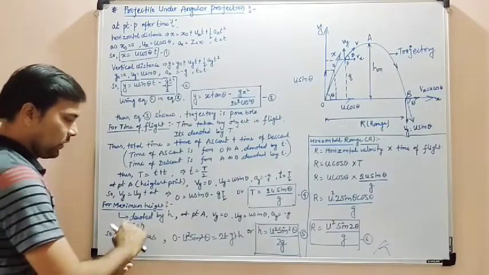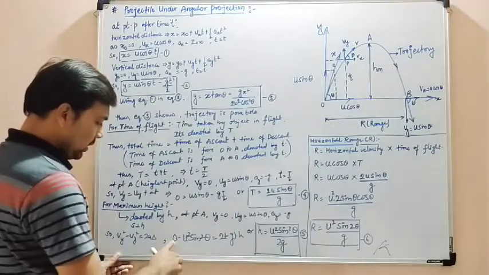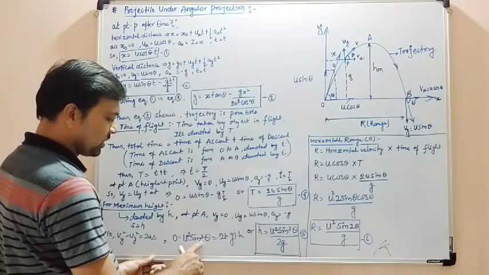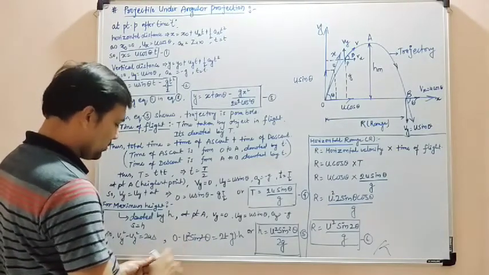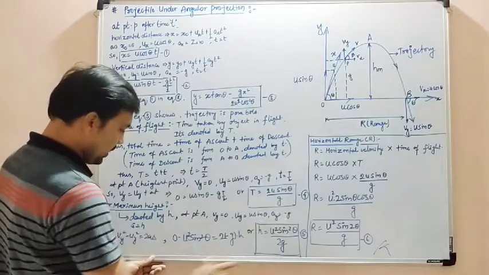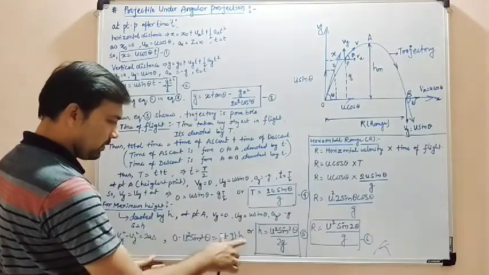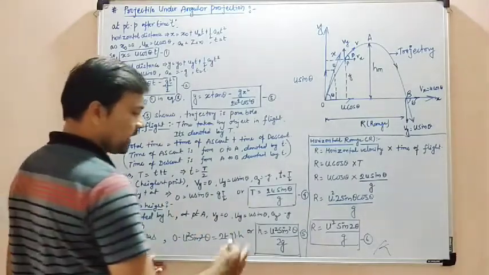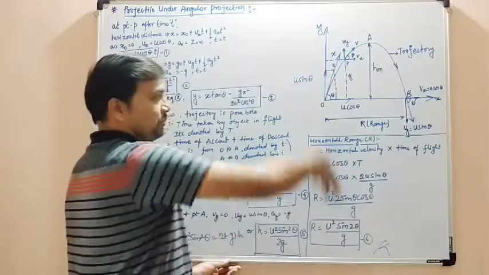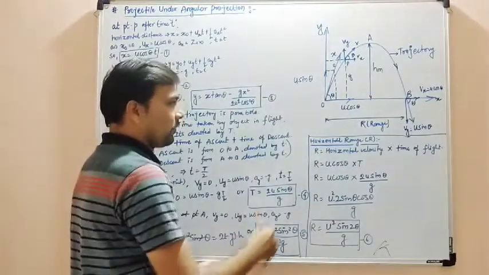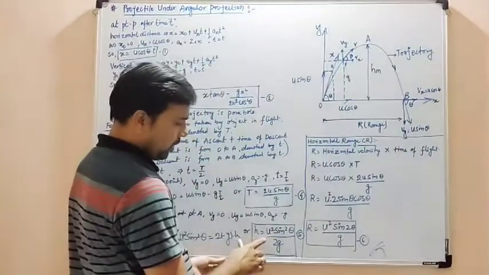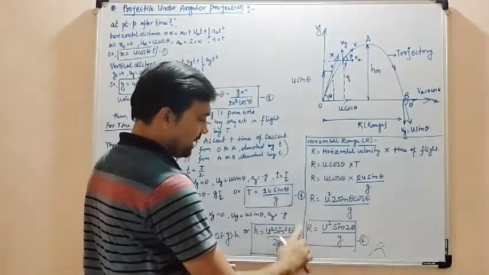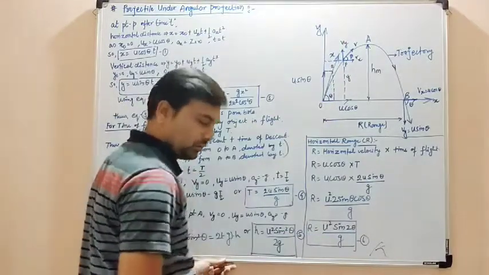Substituting the values from the above parameters, vy square becomes 0, uy square becomes u square sine square theta, 2 remains as it is, a becomes minus g, and s becomes h. Again, after doing the mathematical calculation and cross multiplication, we come to know that the maximum height, the highest point from the ground, is expressed as u square sine square theta upon 2g. This is the expression to find the height of the particle from the ground.